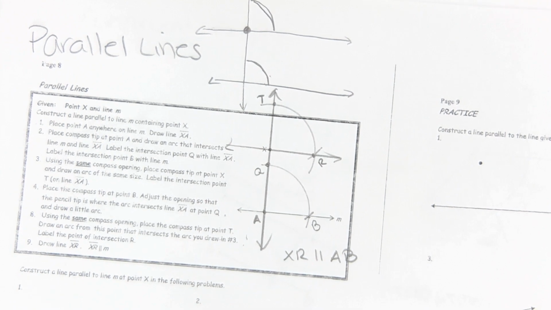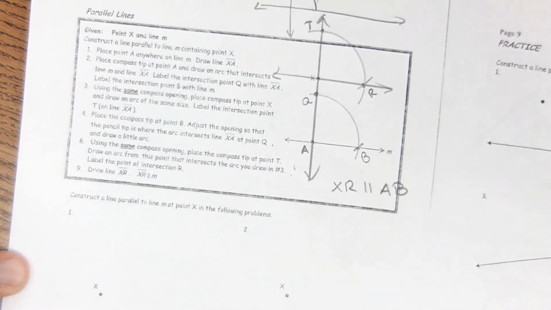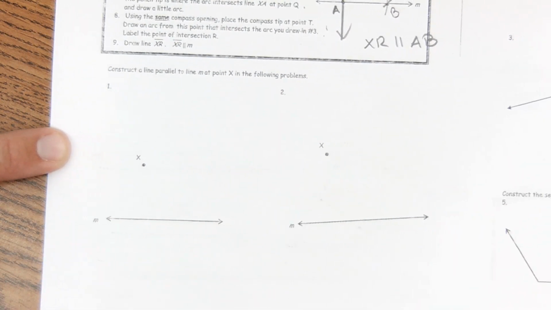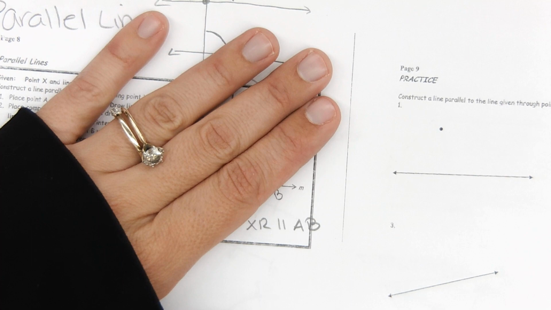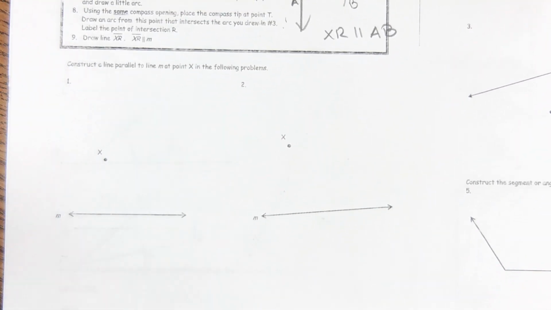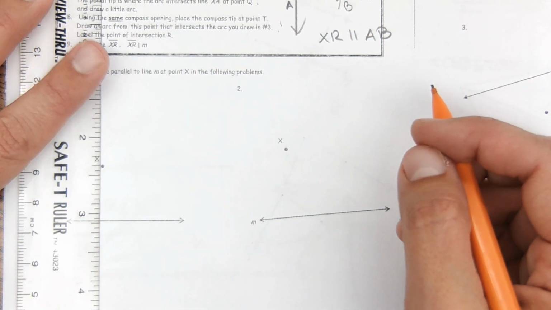Okay. I'm going to do it again with one. I'm going to walk through all the steps again. Okay, so if this one didn't work out for you, just move on to the next one. Start over fresh with number 1. Let's try it again. So first step, draw a transversal through point X and the line.